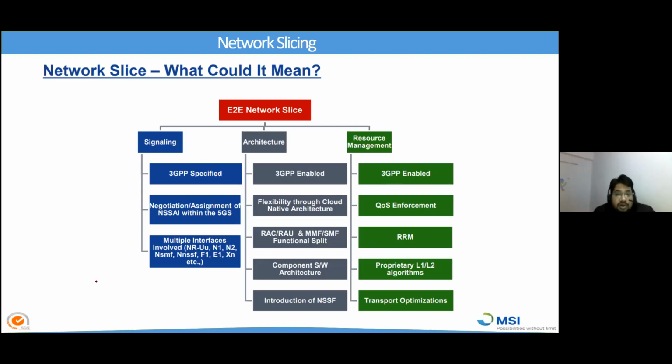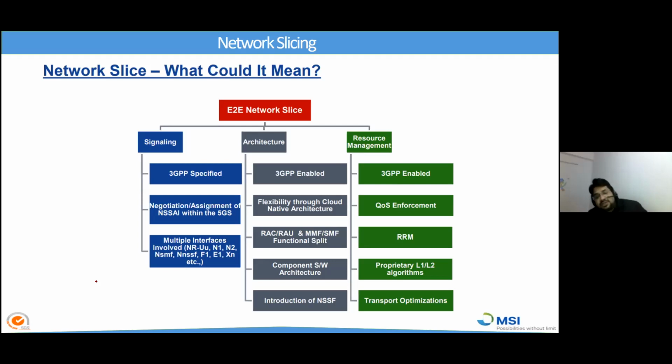And if we talk about the end-to-end network slice architecture, then of course it has also been defined by 3GPP. The architecture of the network slice will of course be based on a cloud native architecture in which the different network entities will be created as a virtual machine on a cloud.